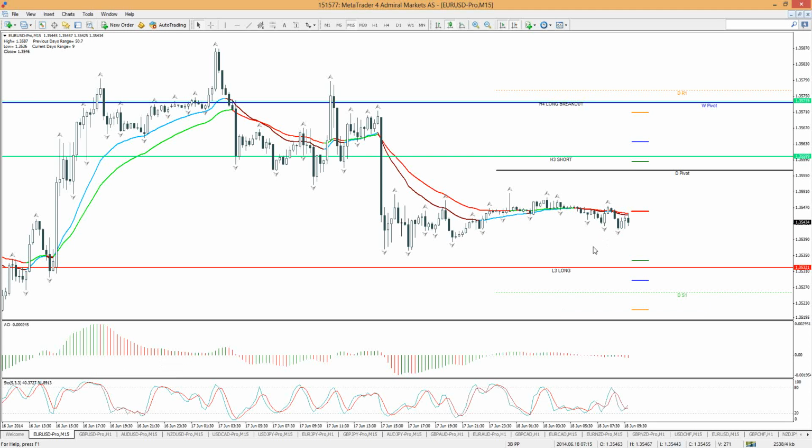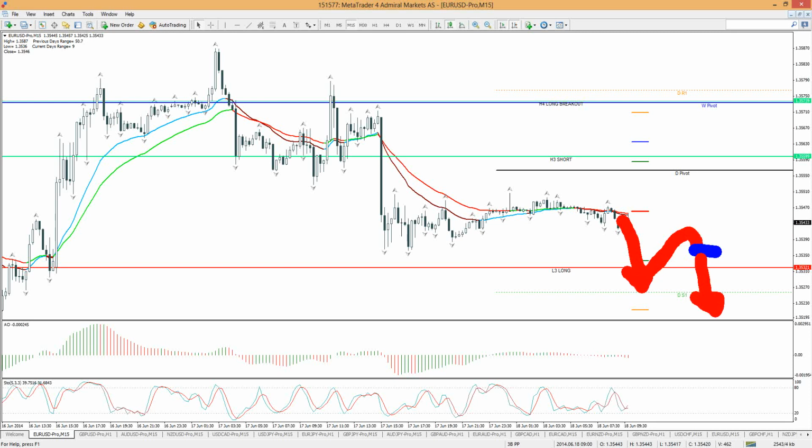Now, as I said, I wouldn't be taking this break here personally. It could work fine. What I'd rather do is wait for the break and then the pullback and bounce. So if price does make this motion and the moving averages start to curl down like this, and price pulls to the downside and then starts to hook back to those moving averages and bounces off them, right about here could probably be one of the better entries, because you're not assuming the bounce, but you get the confirmation of the break to the downside first of all.